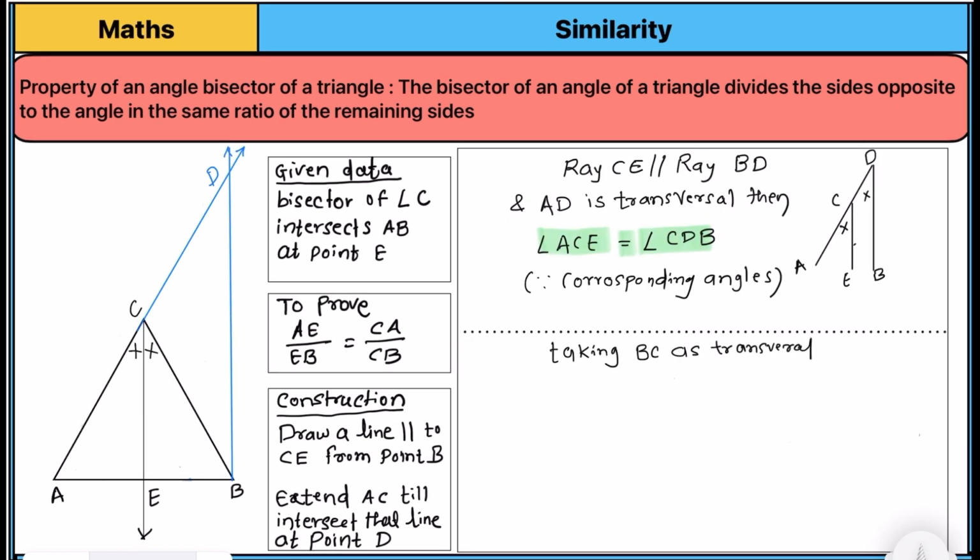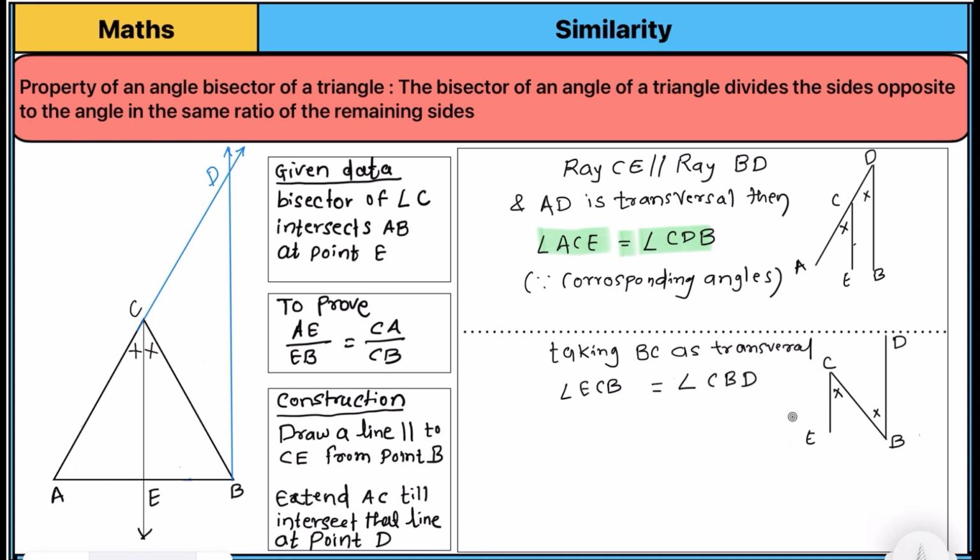Now let us take BC as transversal. Where is BC? BC is over here. In that case, angle ECB is equal to angle CBD. Let me show you where those angles are.